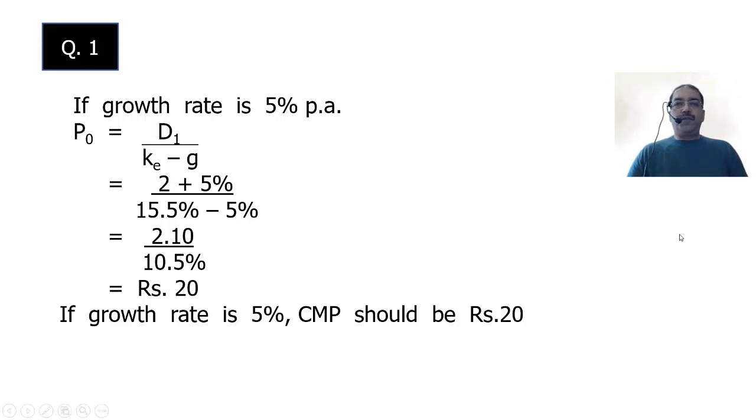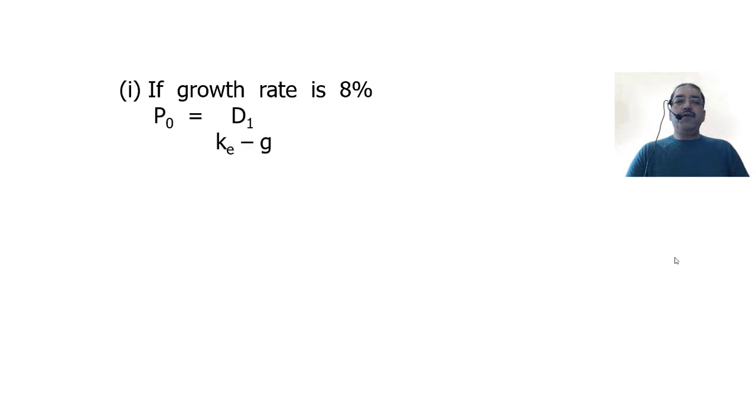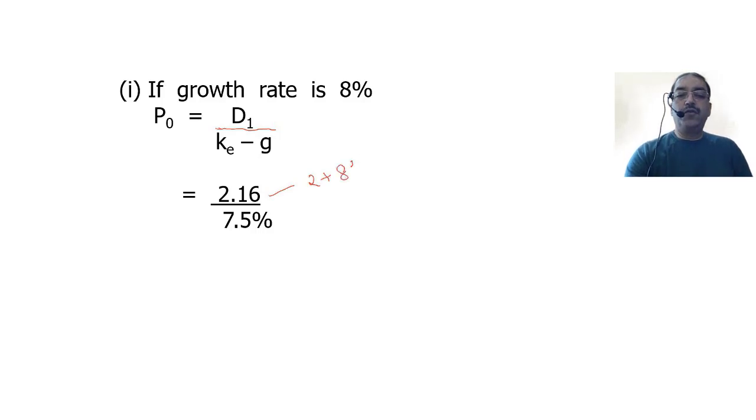Then we have two cases. Case 1, if the growth rate is 8%. Case 2, if the growth rate is 3%. Okay. So let us see now case 1, that growth rate is 8%. If growth rate is 8%, formula remains the same. P0 is equal to D1 upon KE minus G. That is equal to 2.16 divided by 7.5%. How did I get this 2.16? It is now 2 plus 8%, growth rate is 8%.